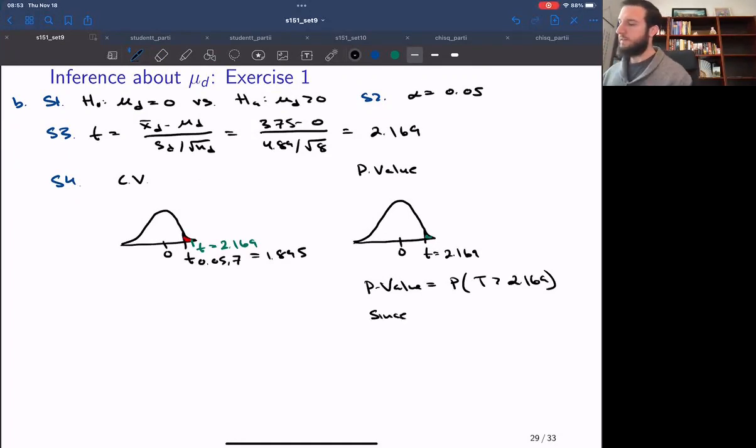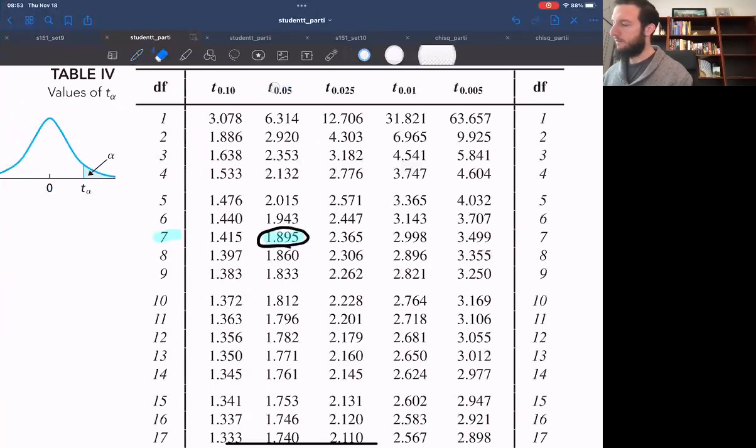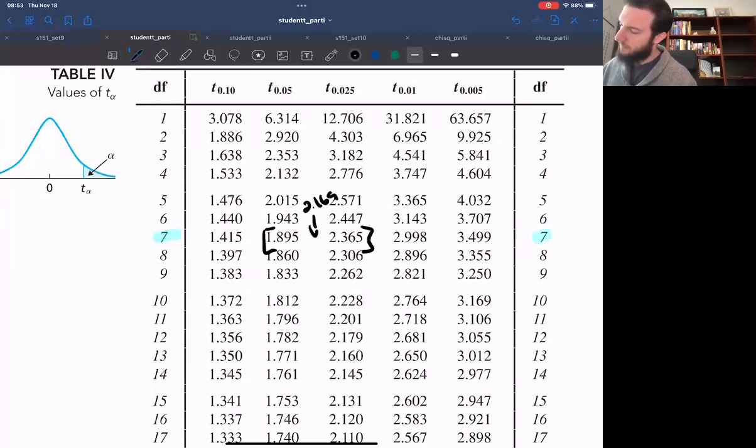If we go to our t table, we have 7 degrees of freedom. 2.169 is here. So we can say since the probability that t exceeds 2.169 is between 0.025 and 0.05, our p-value is going to be between 0.025 and 0.05.